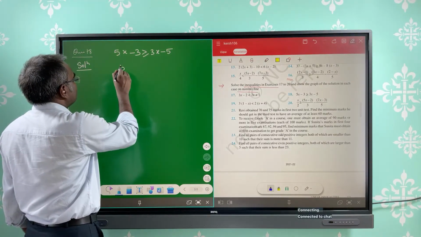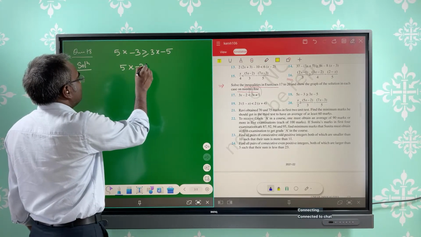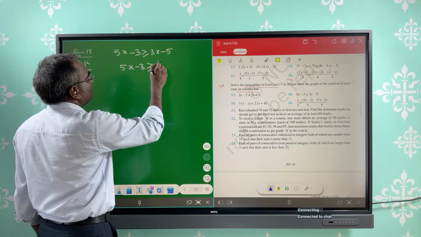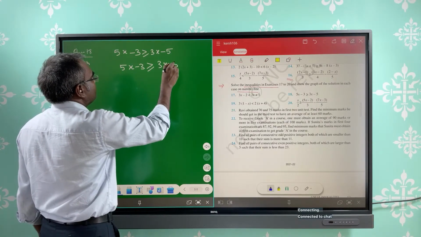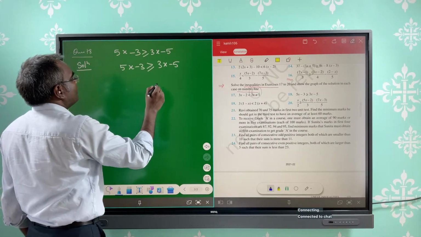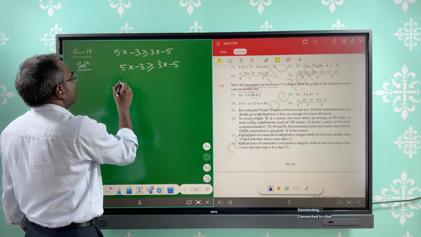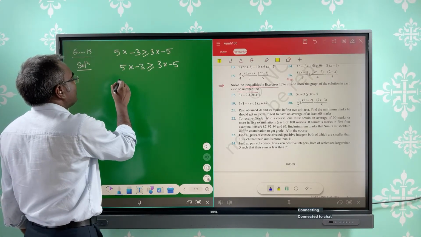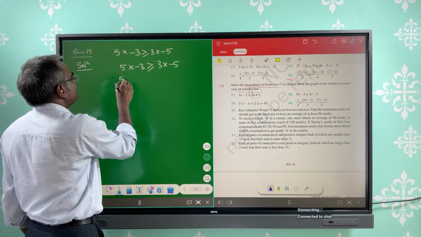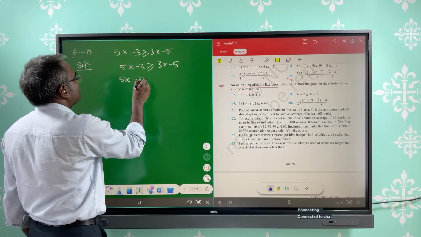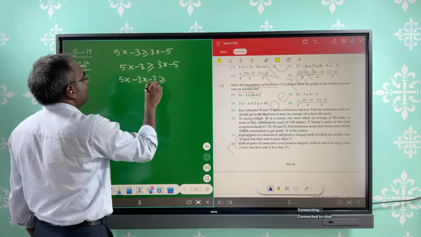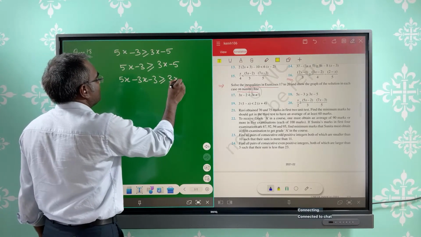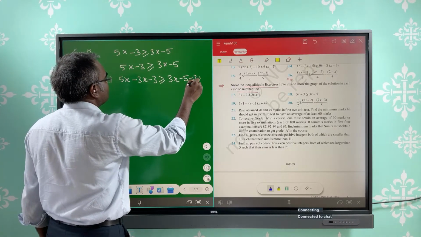Solution is 5x minus 3 greater than or equal to 3x minus 5. By applying rules 1 and 2 one by one, we can solve this. We can simplify this: 5x minus 3x minus 3 greater than or equal to 3x minus 5 minus 3x.